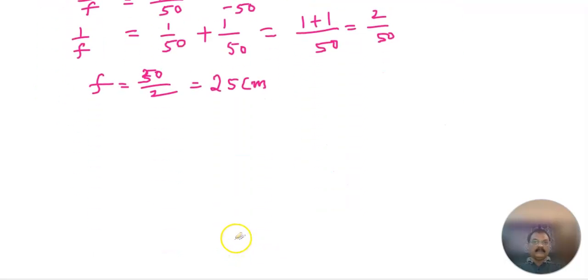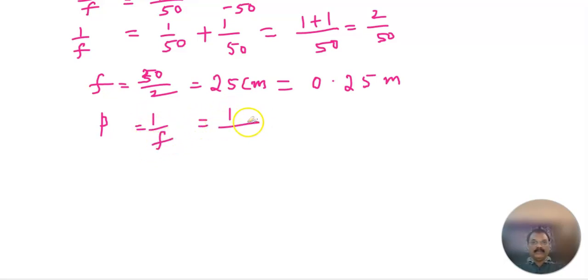Then for the power unit, we have to convert centimeters into meters, because power is measured in diopters, which means focal length must be in meters. So 25 by 100 will become 0.25 meters. The power formula is P equal to 1 by f, so 1 by 0.25.